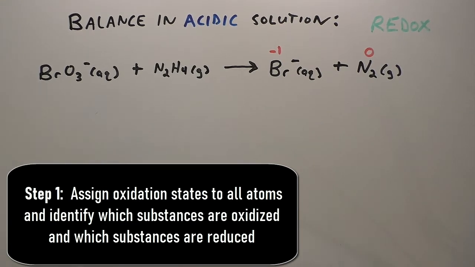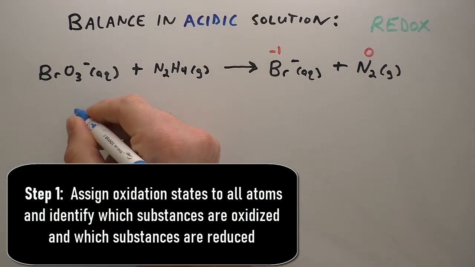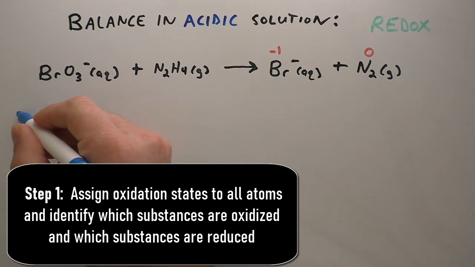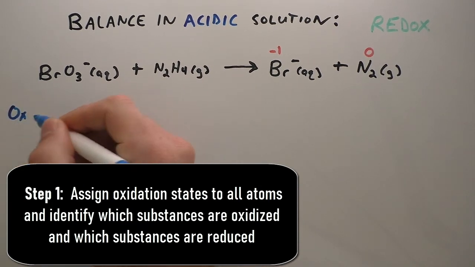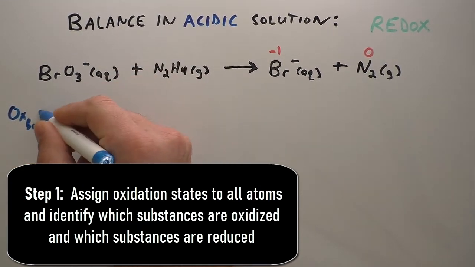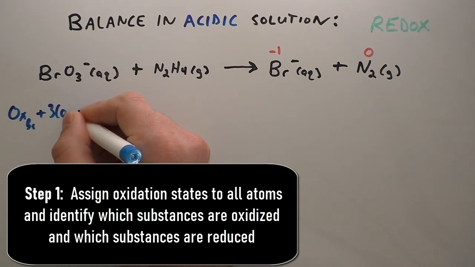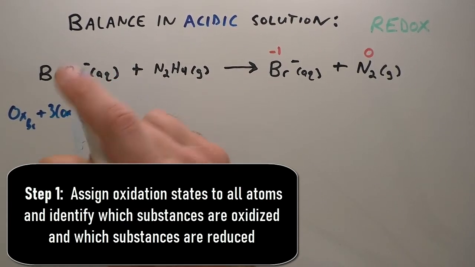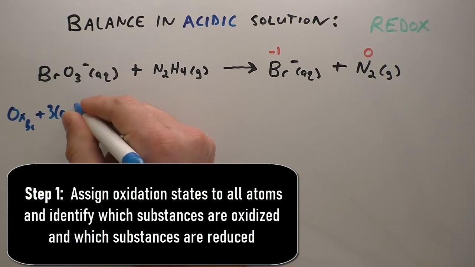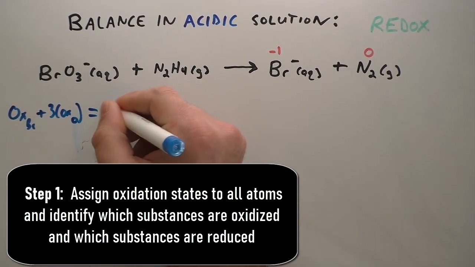There's a couple of rules that are going to come into play here. One is that the sum of the oxidation states of bromine and of oxygen is going to be equal to -1. I'll go ahead and write this out: OX Br plus 3 times the OX of oxygen is equal to -1.